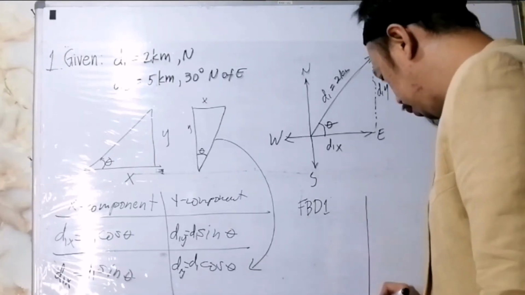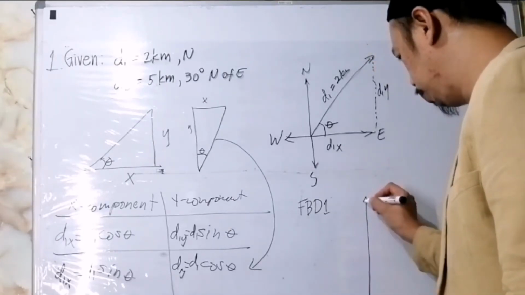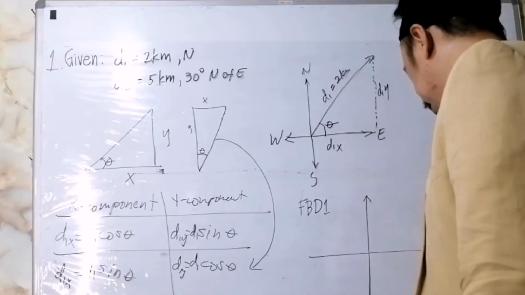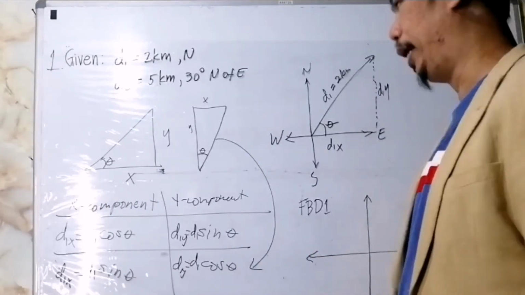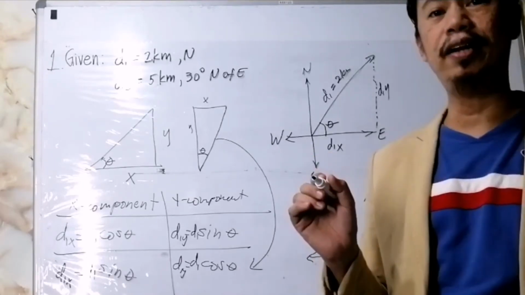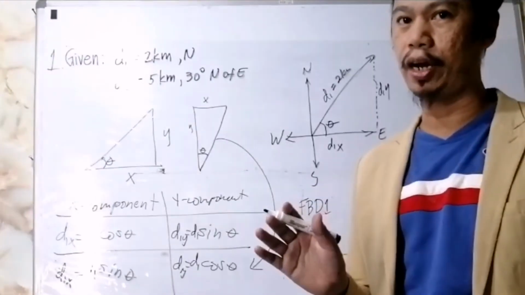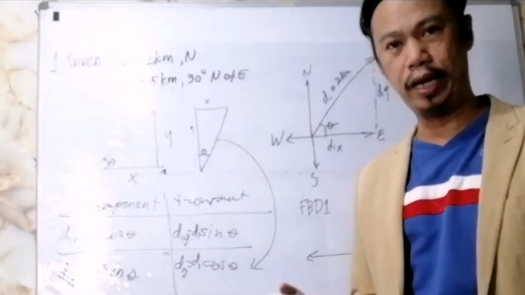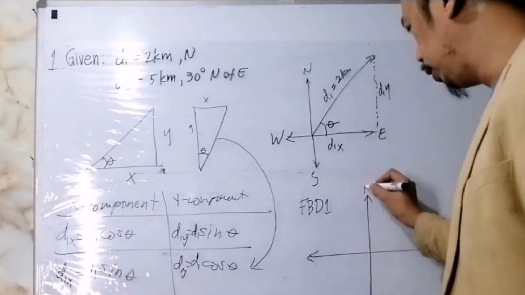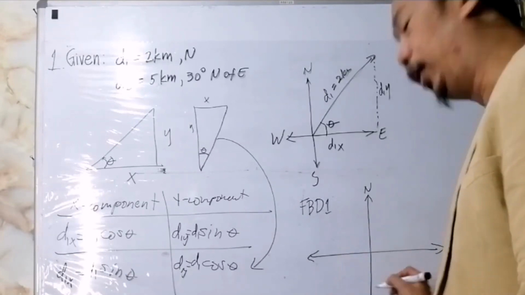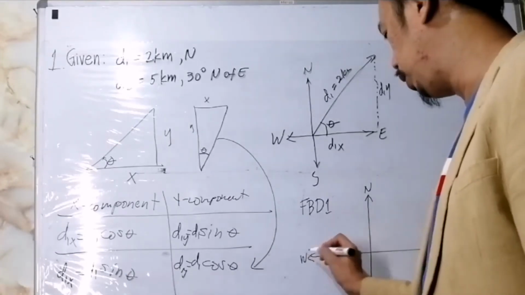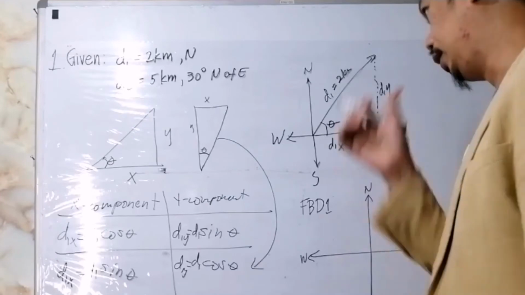The first thing that you're going to do is to make a Cartesian plane. The Cartesian plane must have the directions. Earlier, we discussed the directions. The upper portion is the north, the lower is the south, and we are at the middle, the origin.